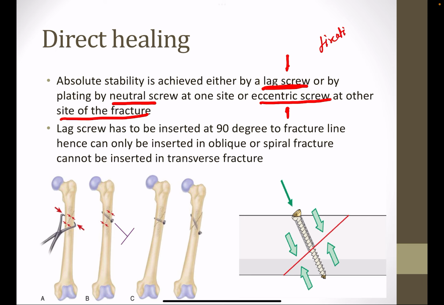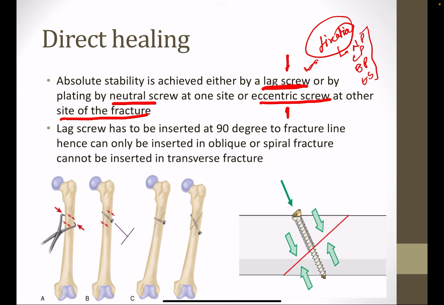When the video comes on the fixation principles of plating, screws and nailing, we'll talk in detail about what a leg screw is, how it is inserted, where it is inserted, and the indications. And also the various plating: what is a neutral plate, what is a compression plate, what is a buttress plate, what are eccentric screws, what are centric screws, how to achieve compression at the fracture site. We'll talk about everything in detail.